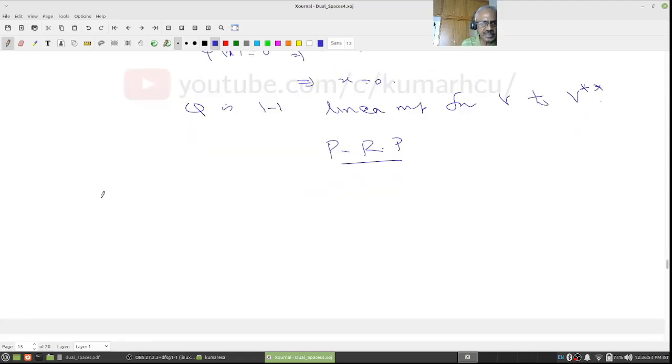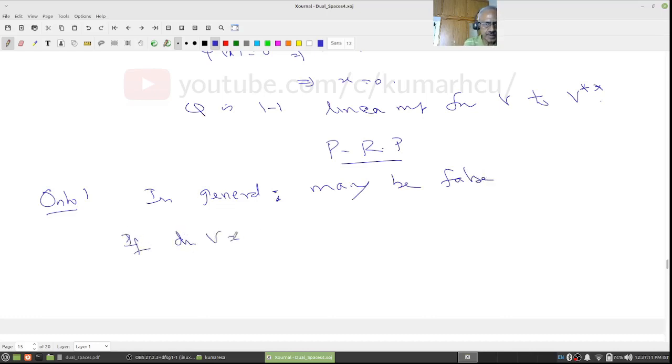So the next question I can ask is whether it is onto. In general, it need not be. But if the dimension of V is finite, say n, then n is the dimension of V, but that is also the dimension of V star, as we have seen, and V double star is the dual of V star, which is of dimension n, therefore all are of the same dimension.